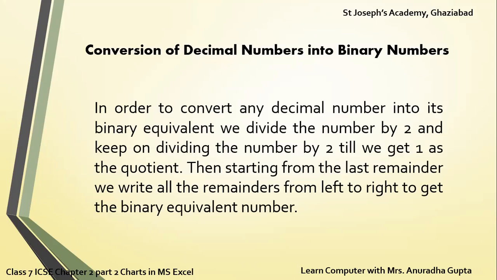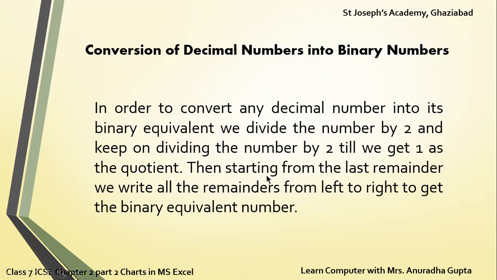First, you are going to learn conversion of decimal numbers into binary numbers. In order to convert any decimal number into its binary equivalent, we divide the number by 2 and keep on dividing the number by 2 till we get 1 as quotient.